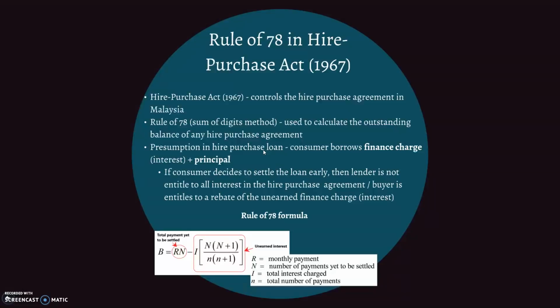So basically, you still make a cash transaction to the shop, but it is actually not cash because you make a loan. Okay, so basically the loan consists of the finance charge or the interest plus the principal.